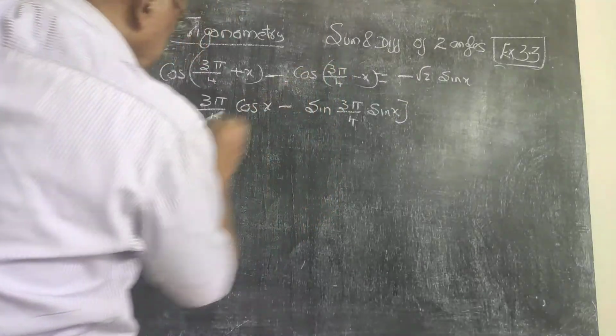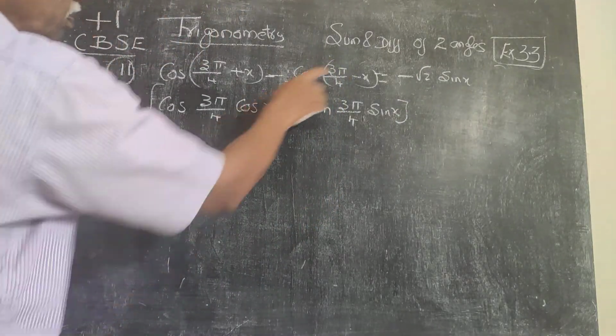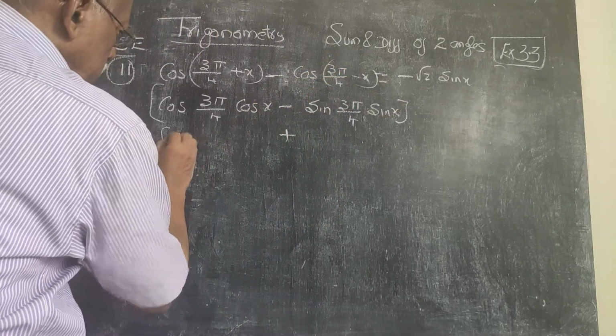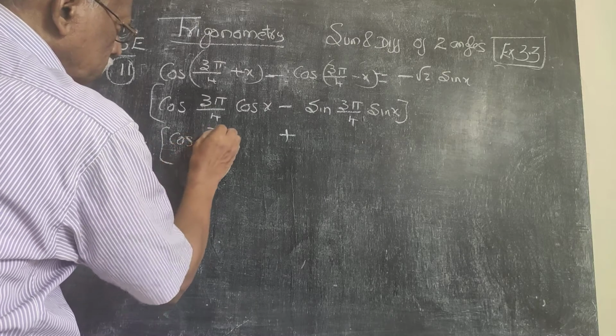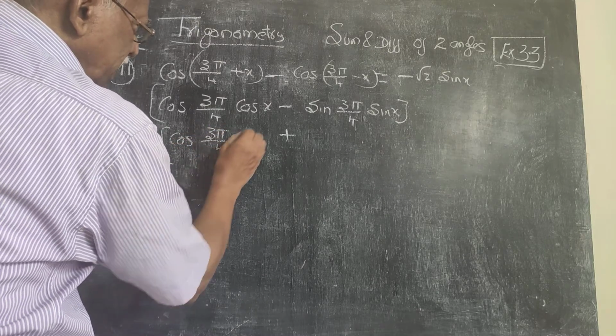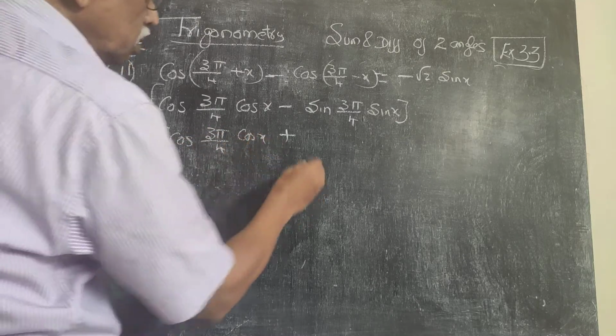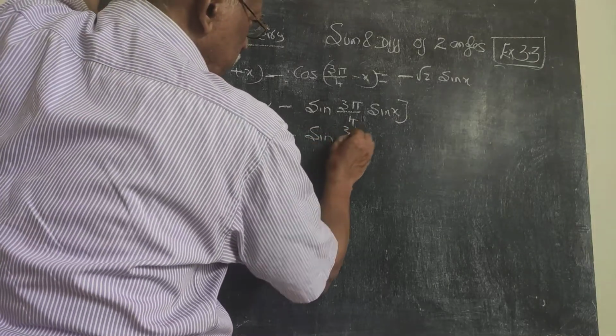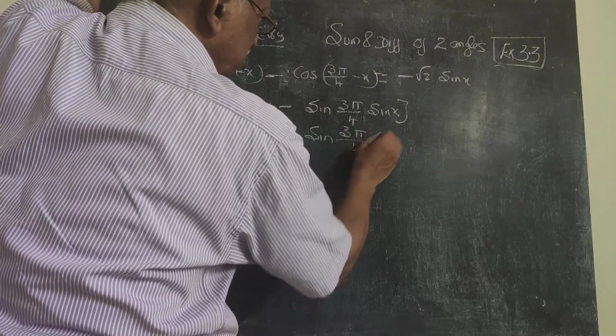And then for this, minus, so it becomes plus, that's all. Cos 3π/4 into cos x, and this will be sin 3π/4 sin x.